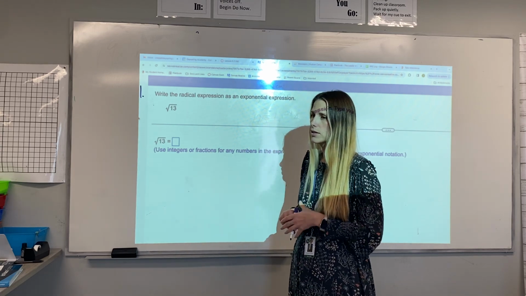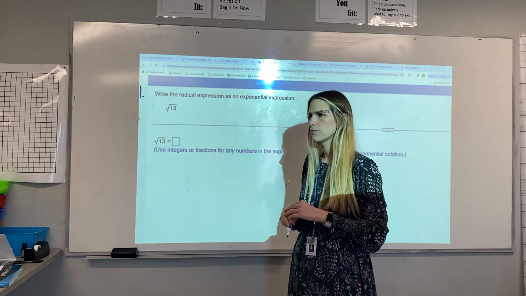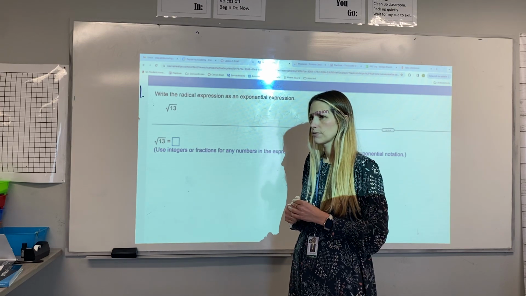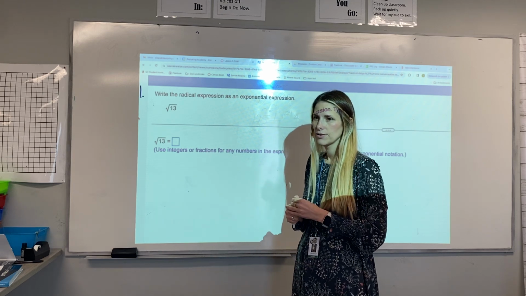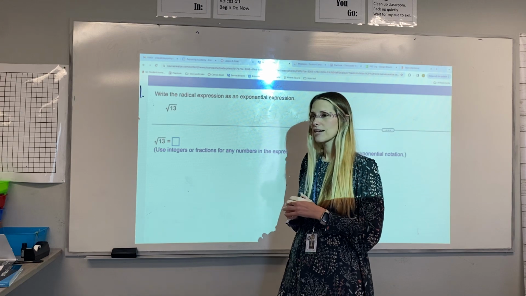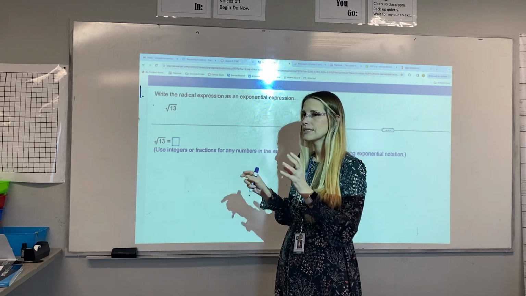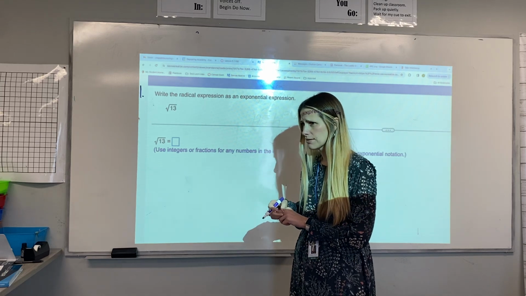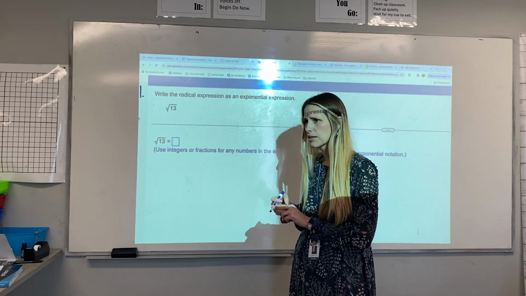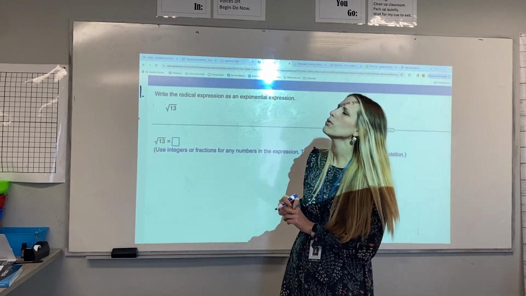Go ahead and tell me what you were going to tell me. 1 over something. The exponent 1/2 is the same thing. You said 1 over something, because it could be 1 over 5, 1 over 6. Oh, I see what you're saying.